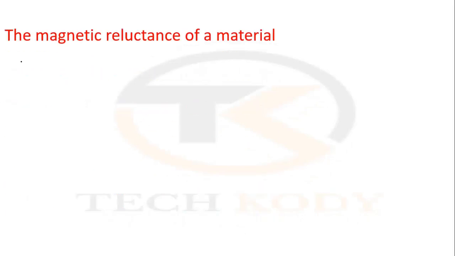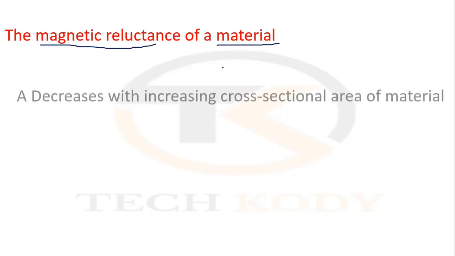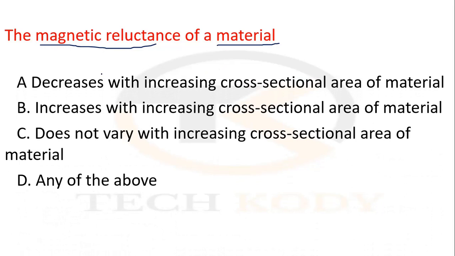The magnetic reluctance of a material. The options given are: decreases with increasing the cross-sectional area of the material, increases with increasing the cross-sectional area of the material, does not vary with increasing the cross-sectional area of the material, any one of the above.